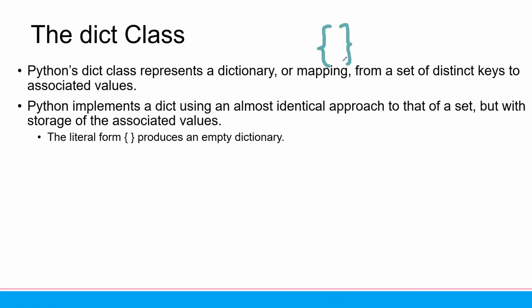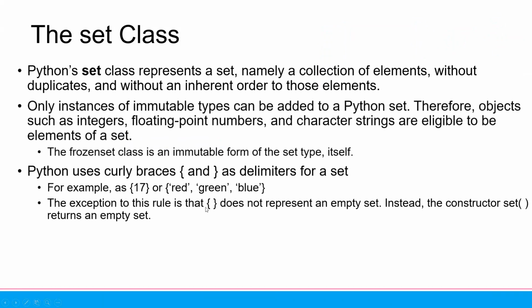But when you use the dictionary, you will have the key and you have the value. The literal form of these curly braces produces an empty dictionary. That is the reason you cannot use these empty curly braces for an empty set. It's different, set and dictionary.